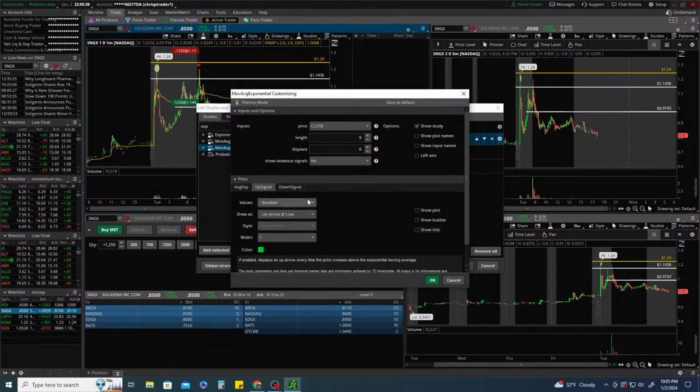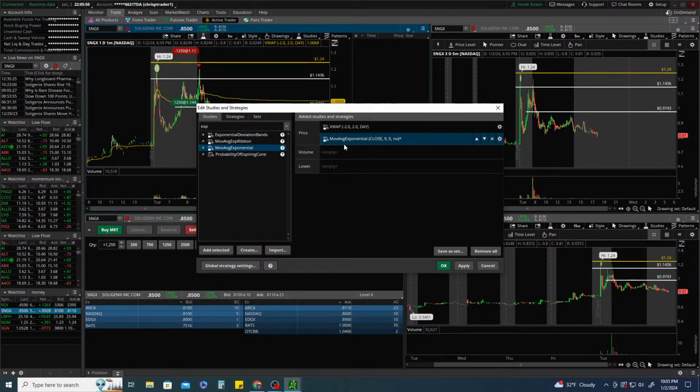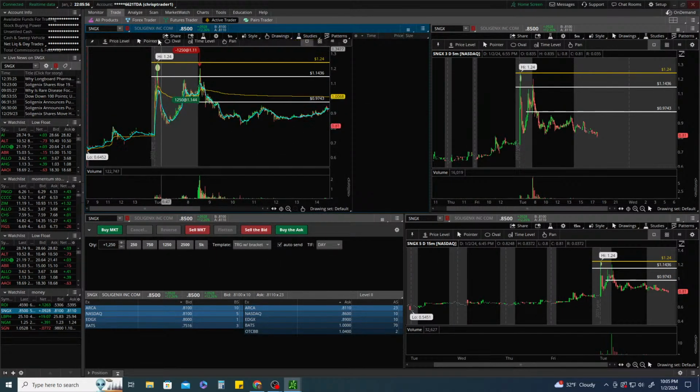We do not need this. Oh, it's blue. This is the 9 EMA, right? This is the moving average exponential, close, 9.0, apply.